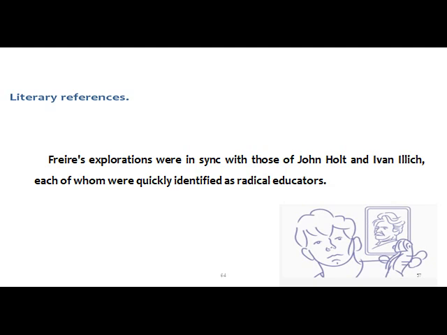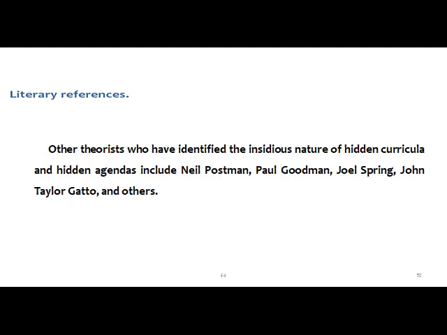Freire's explorations were in sync with those of John Holt and Ivan Illich, each of whom were quickly identified as radical educators. Other theorists who have identified the insidious nature of hidden curricula and hidden agendas include Neil Postman, Paul Goodman, Joel Spring, John Taylor Gatto, and others.